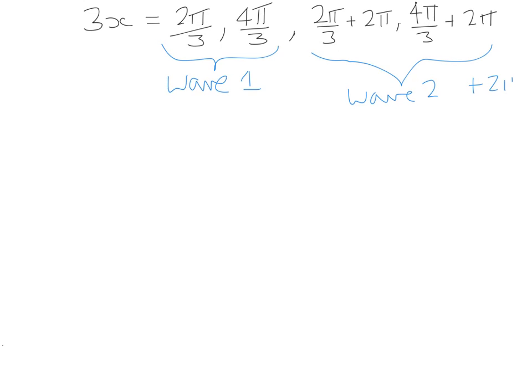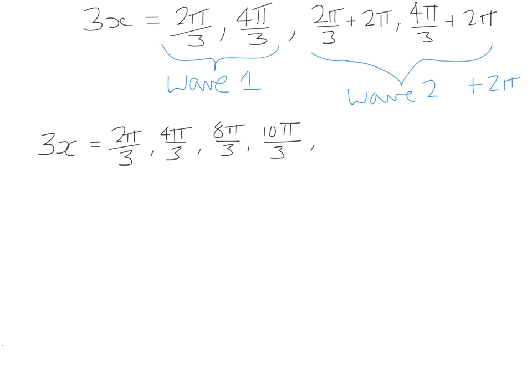So let's write down those answers. You need to use lots of paper for these examples. So we have the 2 pi over 3, the 4 pi over 3. Now adding 2 pi onto 2 pi over 3 gives us 8 pi over 3. And 4 pi over 3 plus 2 pi is 10 pi over 3.